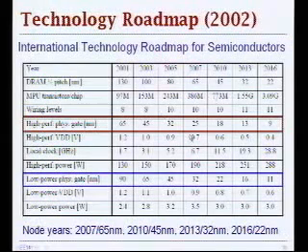And what this is going to lead to is a huge increase in power. So you have 300 watts of power in your processors by 2016, according to this forecast.